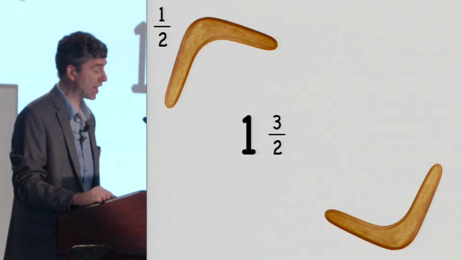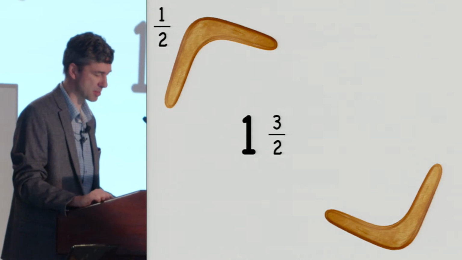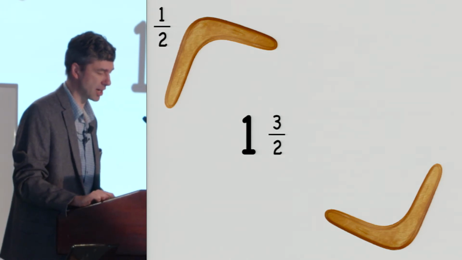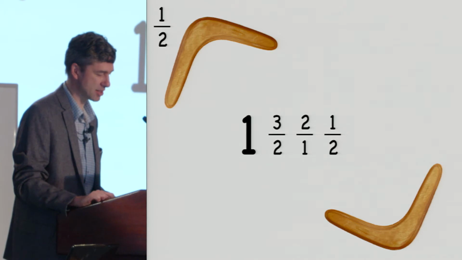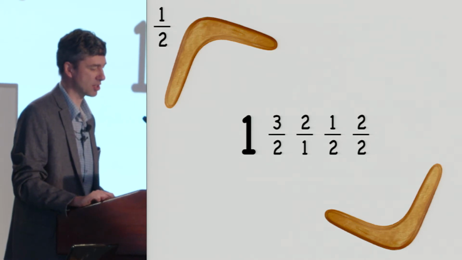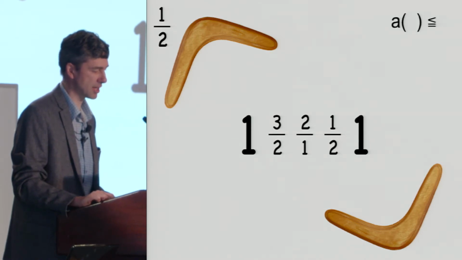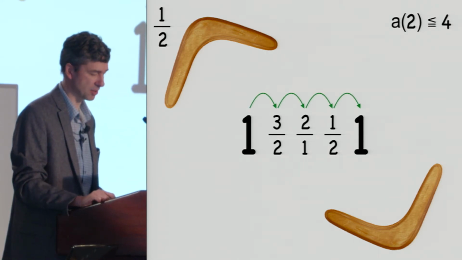And you have to try to get back to 1 as quickly as possible. So here we can go up to 4 over 2 or 2 over 1, and we can flip it over. That's another step. Then we get to add another half. We're at 2. So this took us, A2 is less than or equal to 4 steps. A2 less than or equal to 4.